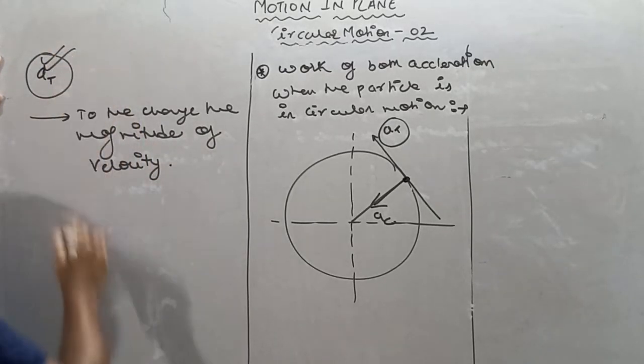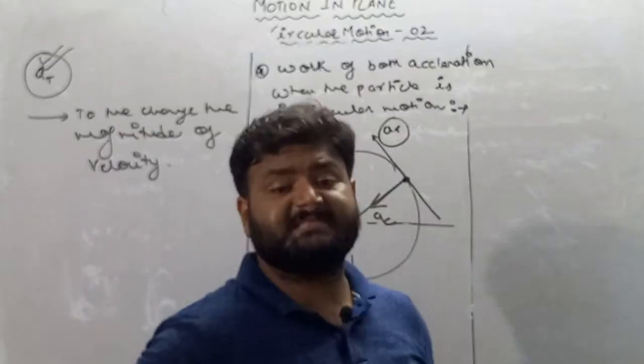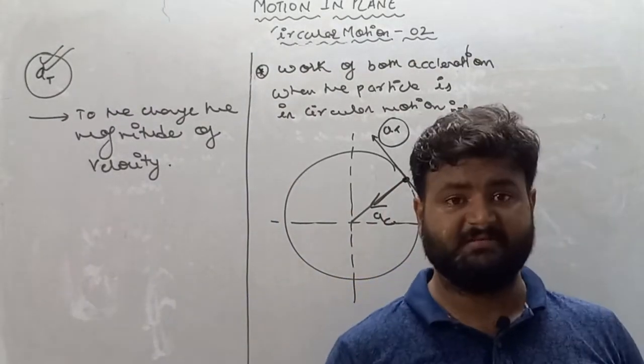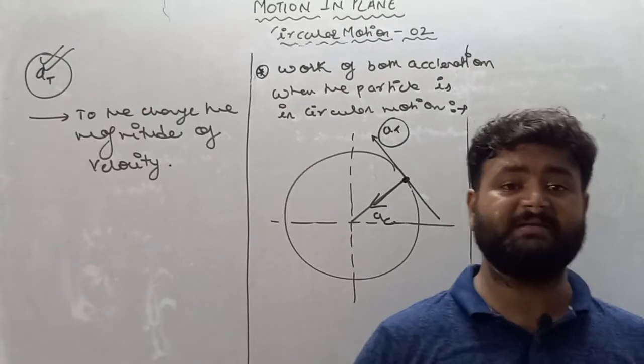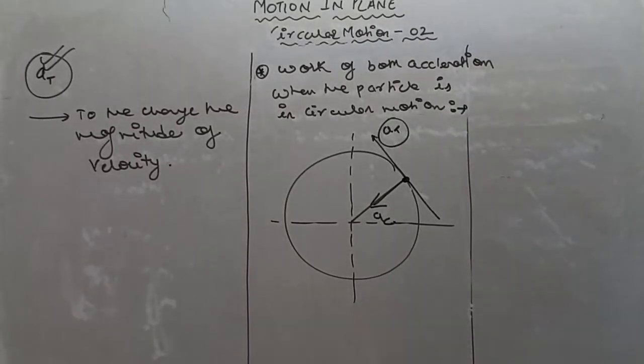Remember this, my dear student. If the particle is achieving tangential acceleration when it is in circular motion, then the work of tangential acceleration is to change the magnitude of velocity.